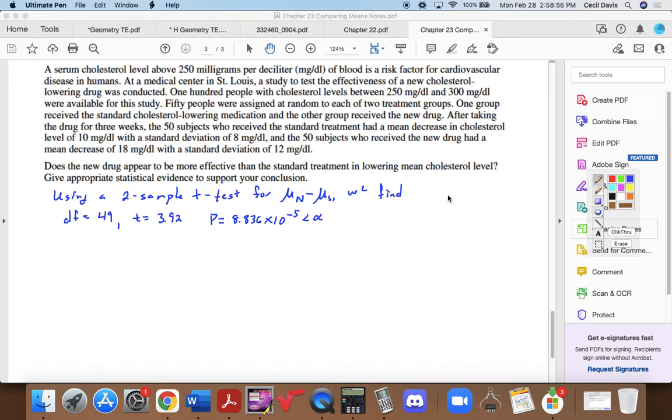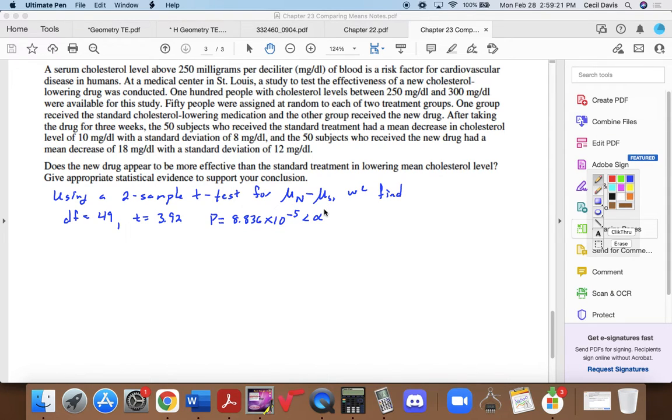Did you do less than or greater than? I still get negative. I put that they were not equal. No, you don't want that they're not equal. You want that it's greater than. Right. So it says, does the new drug appear to be more effective? So we want mu sub n to be bigger than mu sub s.